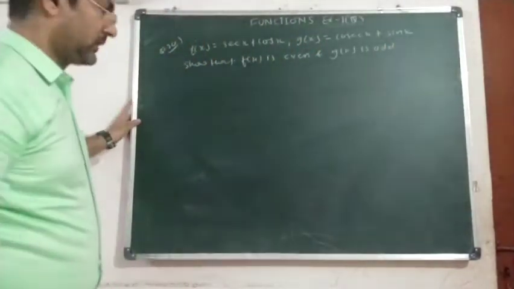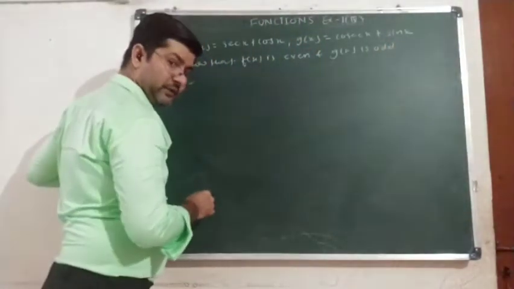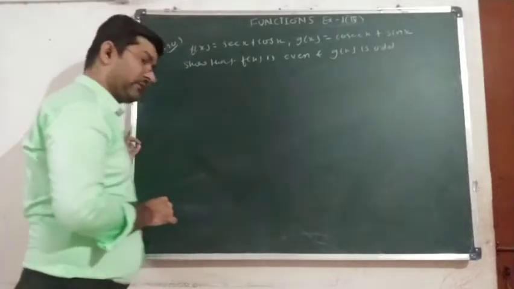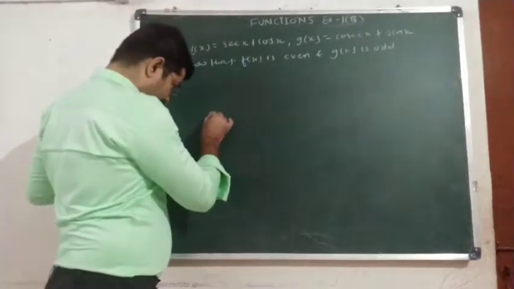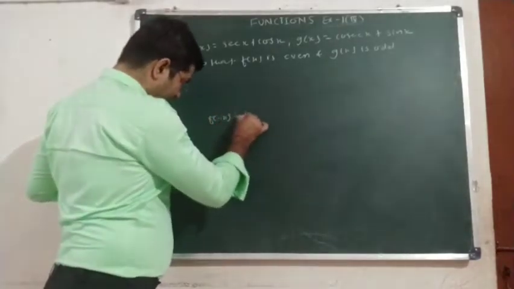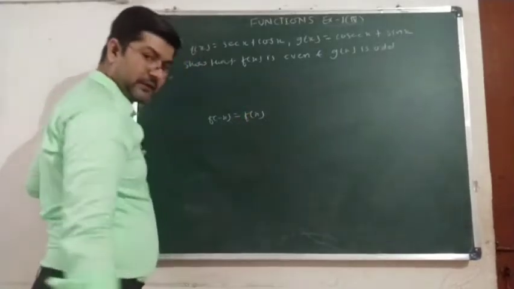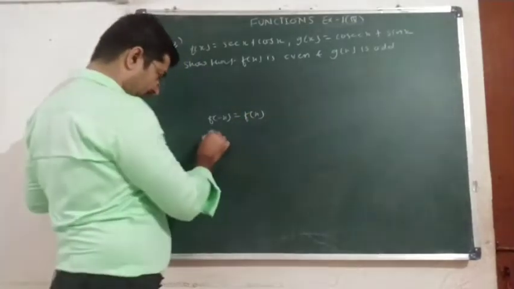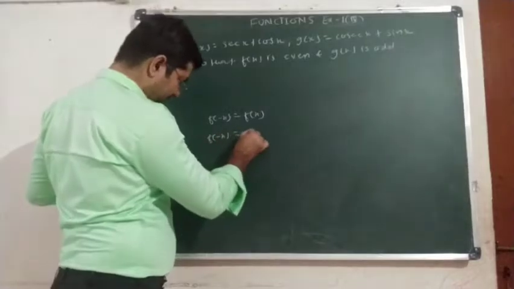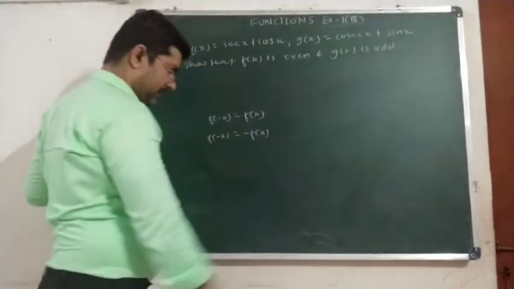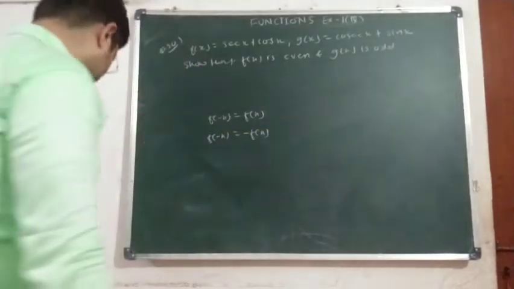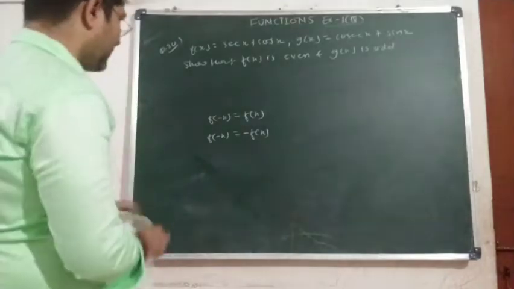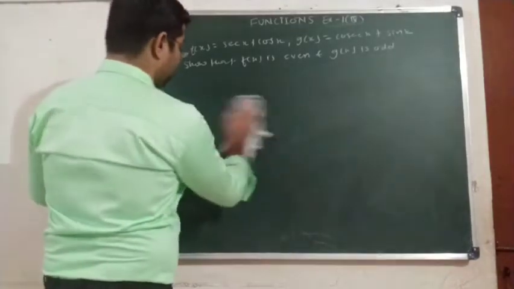Okay, we know the definition of even and odd function for a function f. If f of minus x is equal to f of x, then the function is even, and if f of minus x is equal to minus of f of x, then the function is odd. So let us check these conditions one by one for both the functions f of x and g of x.